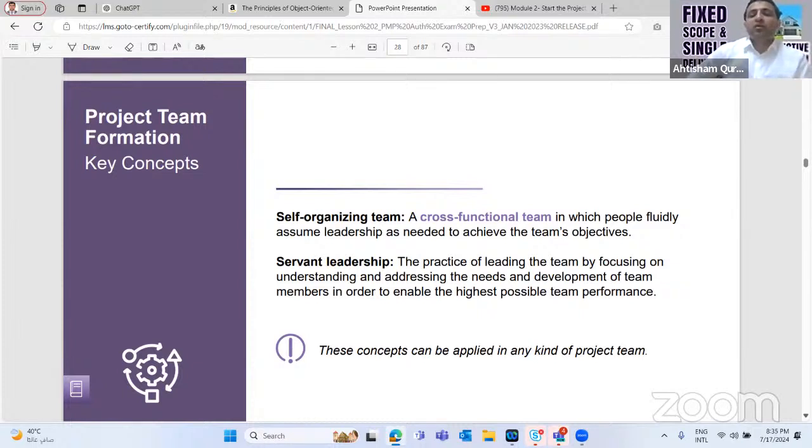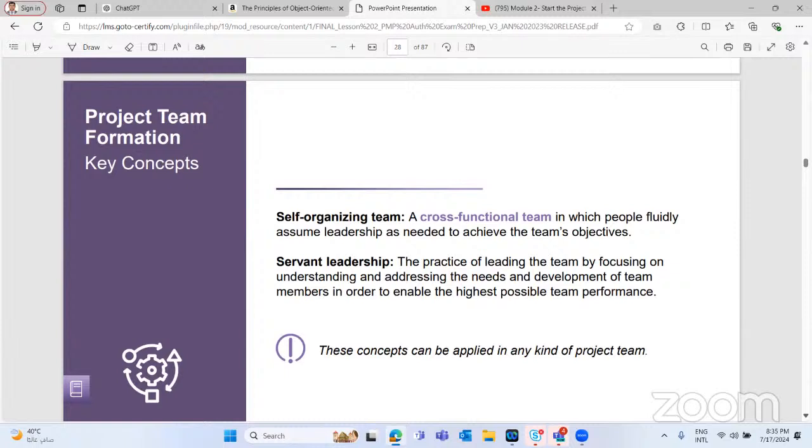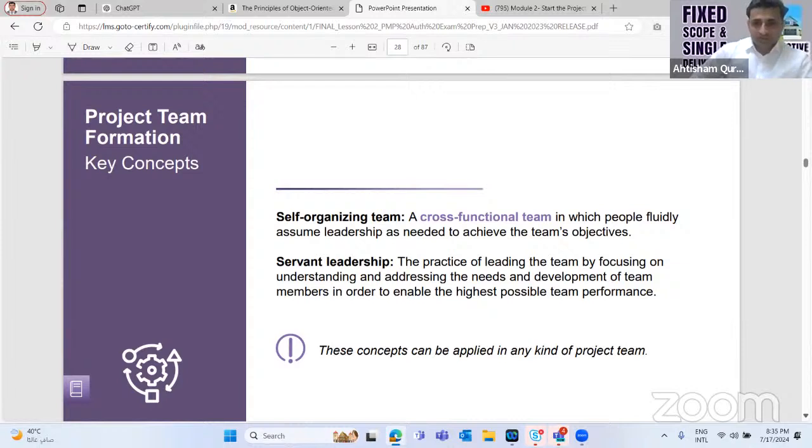So we say that we do not dictate the work like the traditional project manager used to do. In hybrid or agile projects, we leave it to the team to self-organize around the work. But we make sure that we form a team which has cross-functional team members.